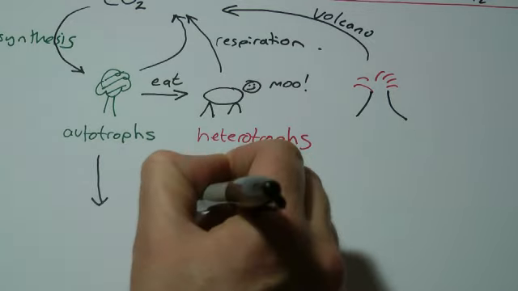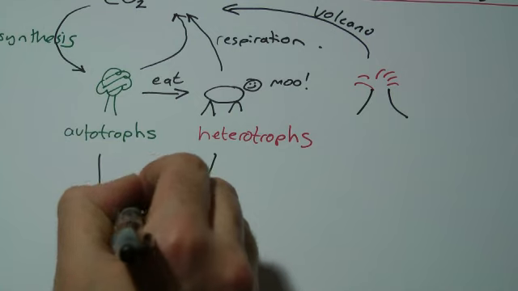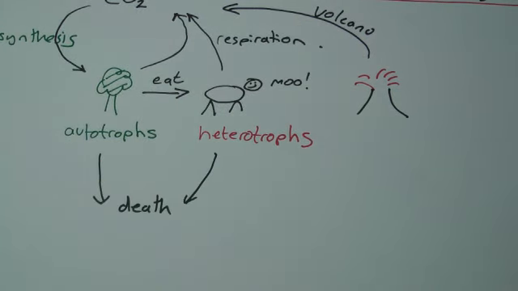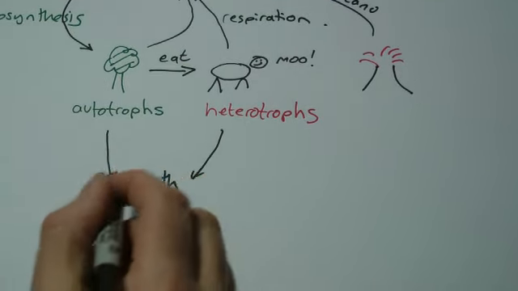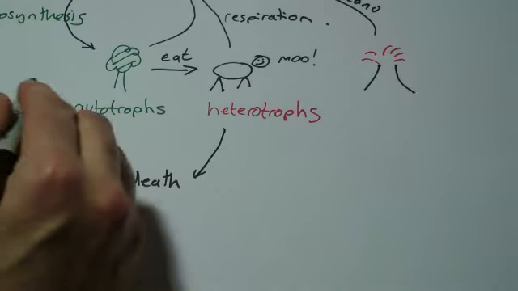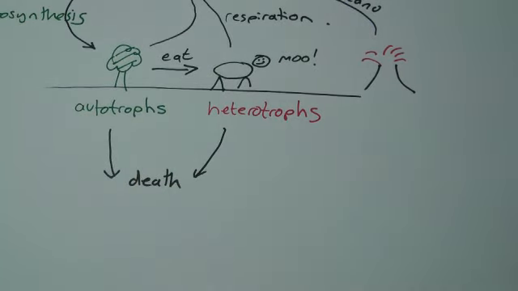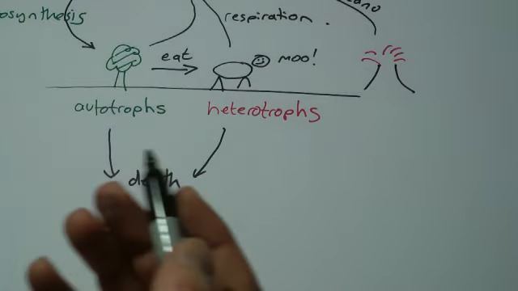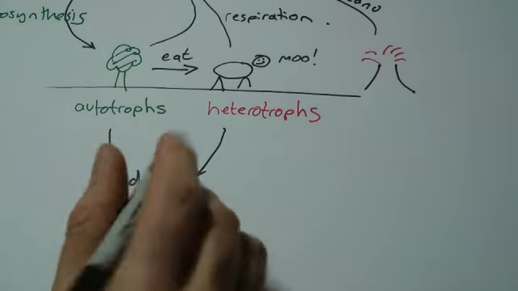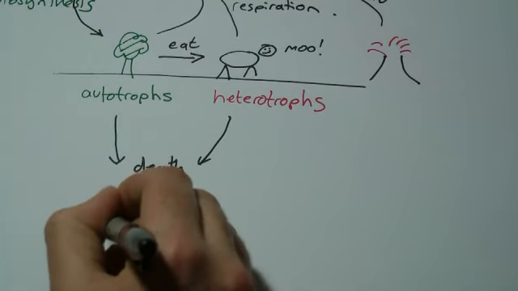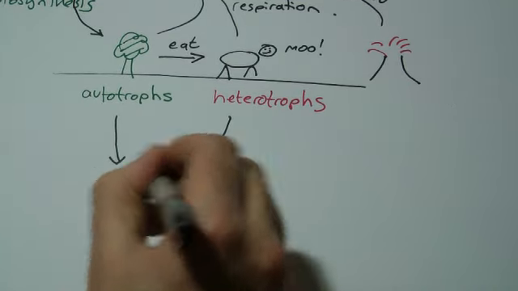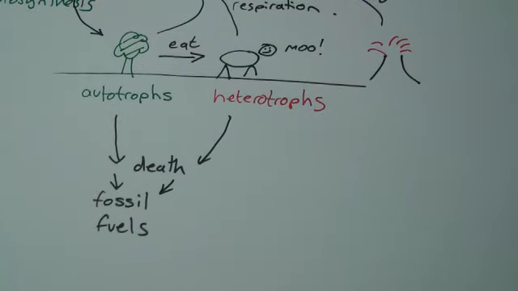When plants and animals die, very often their remains will be decomposed, so they'll be broken down by bacteria and fungi. If, however, the remains end up underground, and over long periods of time, tens or hundreds of thousands of years, millions of years, their remains can become what we would call the fossil fuels, which is coal, oil and gas.